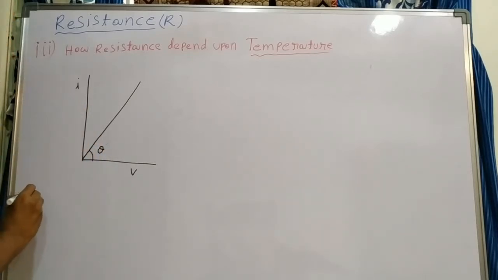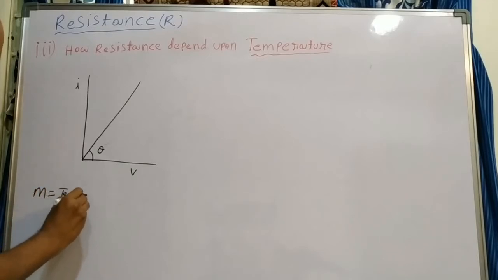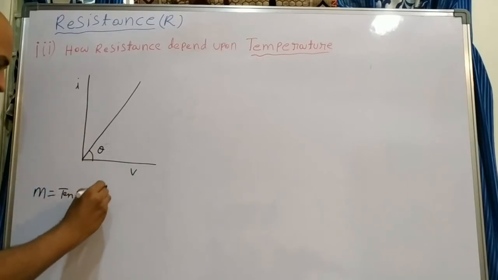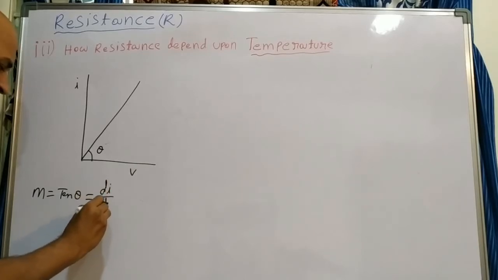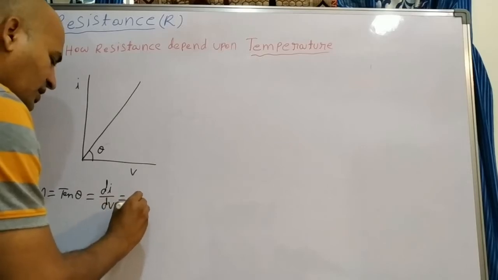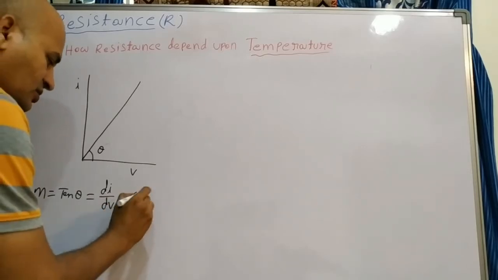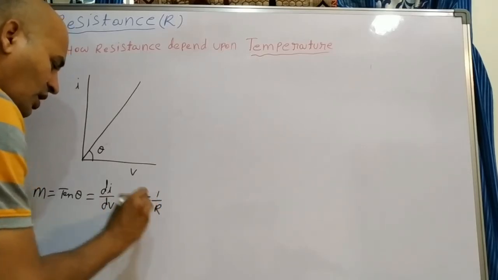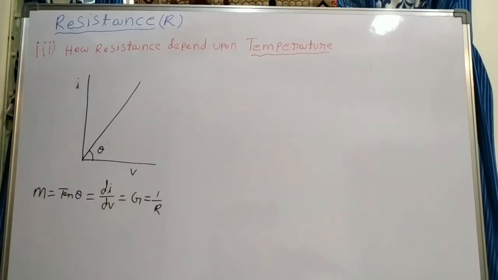The slope of the line m is equal to tan theta, which is equal to change in I by change in V, nothing but the reciprocal of resistance, called conductance, which is equal to 1 by R.